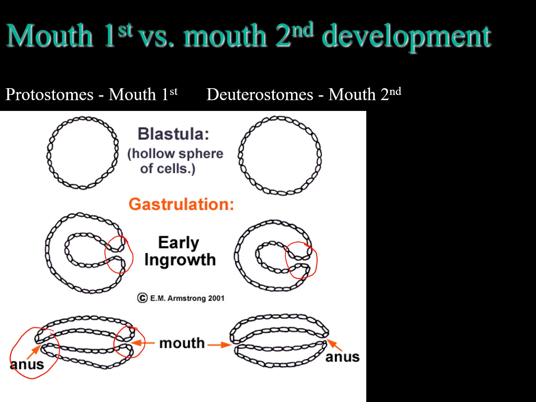In a mouth second animal, that first opening that forms becomes the anus, and the mouth is the second opening that forms. So these are just two different developmental pathways that really get you to the same end. But they go along with a whole bunch of differences that have to do with a bunch of other things as well.